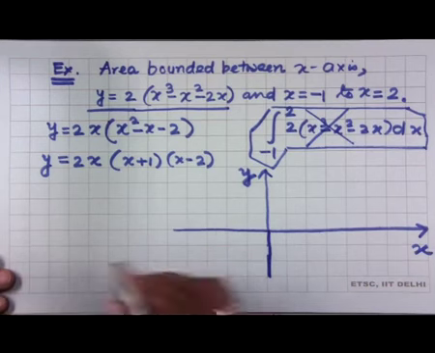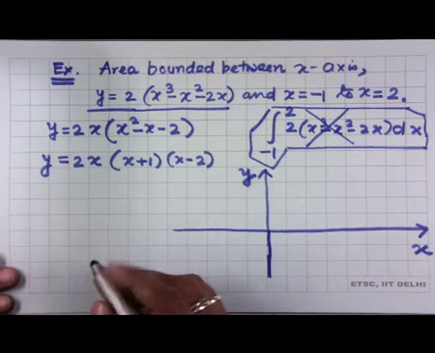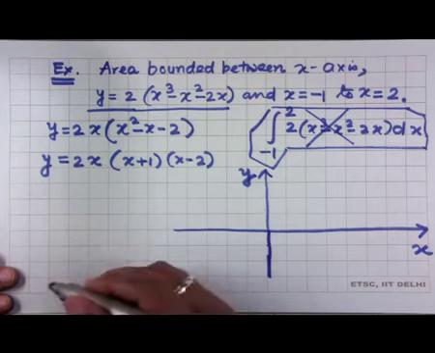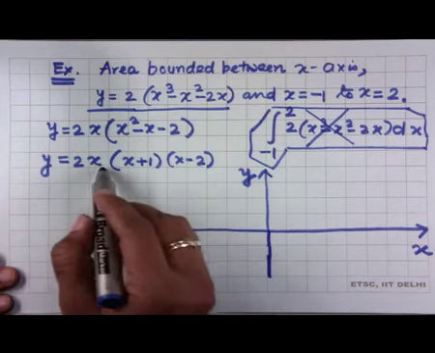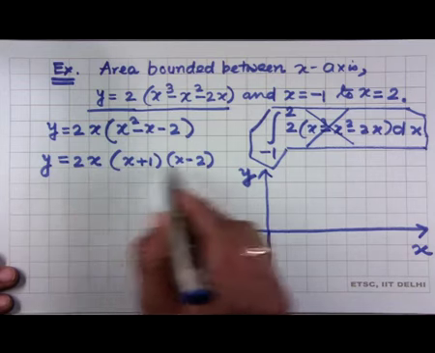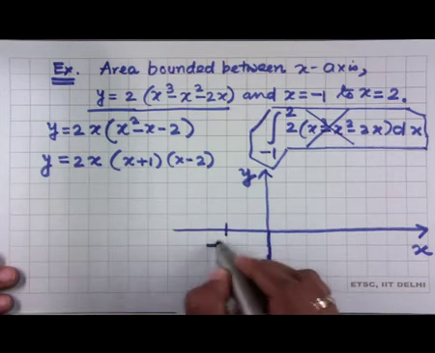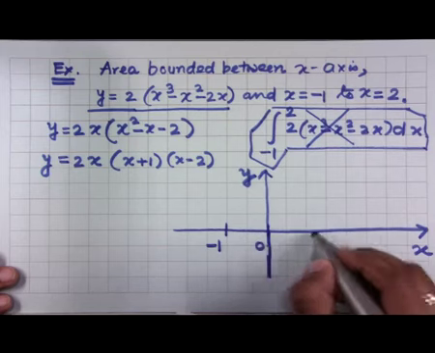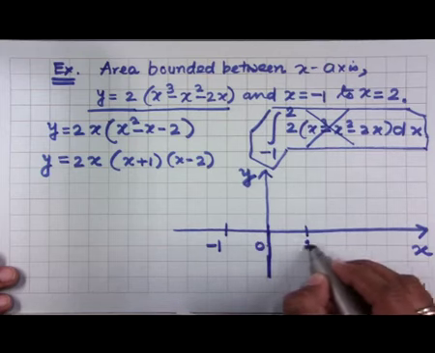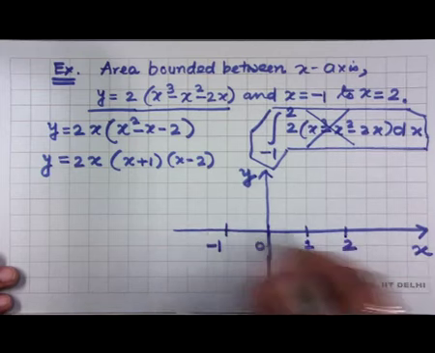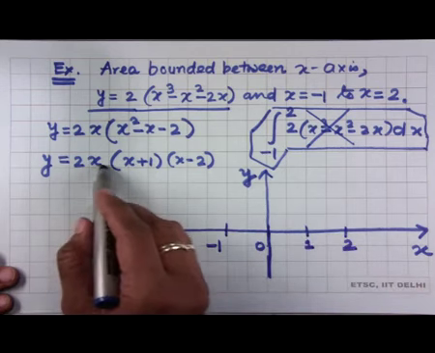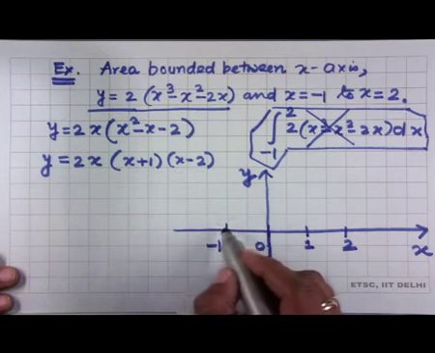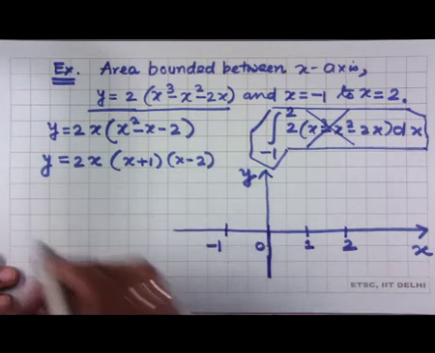Let us plot so that we can know where this area is above the x axis and where it is below, since it vanishes at x equals 0, minus 1 and 2. So, let us draw these points minus 1, 0 and 2. At these points the curve is taking 0 value, that means it is crossing the x axis.